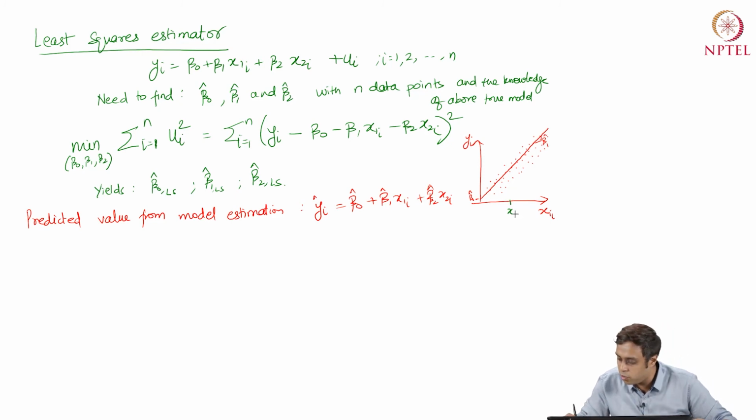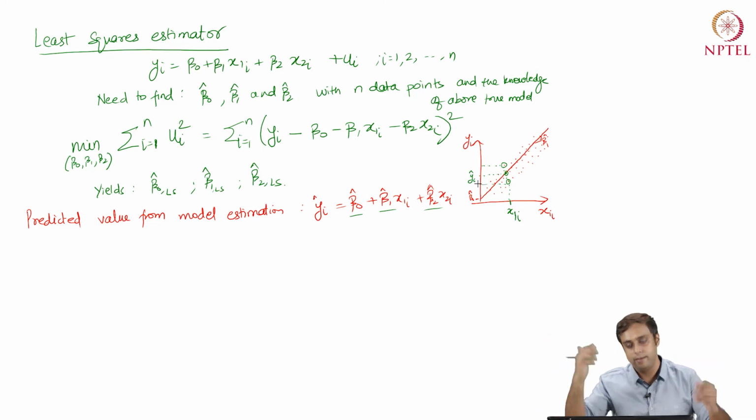Now, to every value of x1i, I have a true value and a predicted value and another true value. Here is the prediction, which is yi hat, given as beta 0 hat plus beta 1 hat x1i plus beta 2 hat x2i, and the truth is yi. There are two truth values here, yi1 and yi2, let's say.